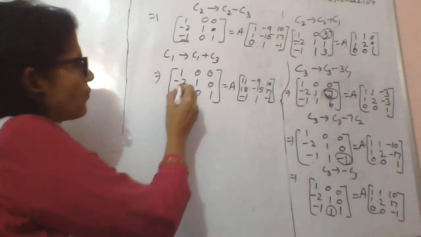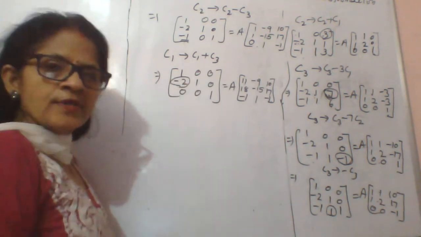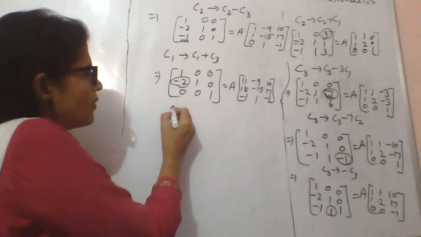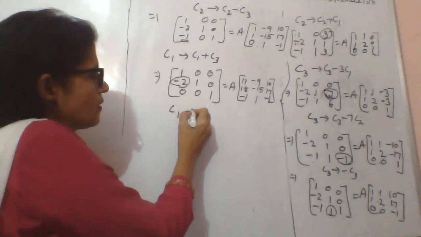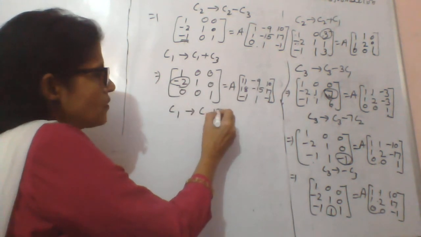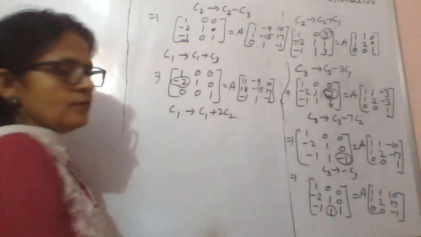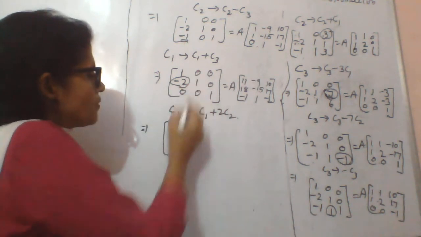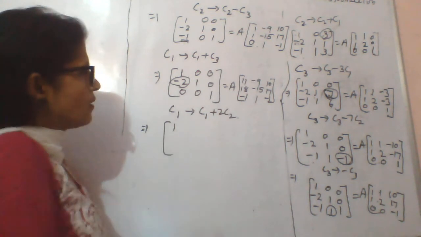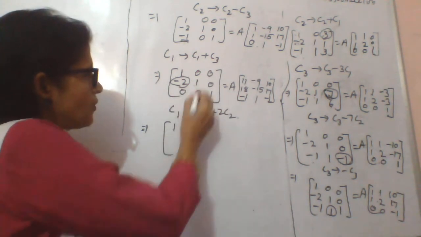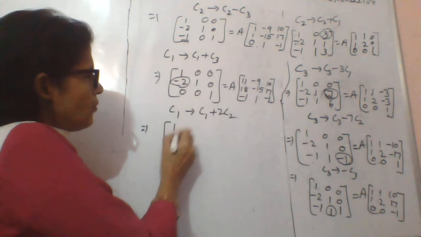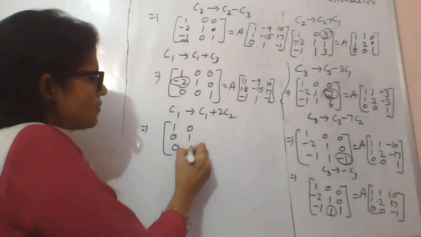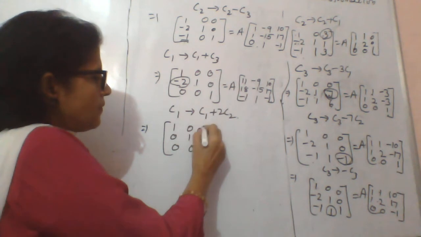Okay, now we are left with only one element which has to be converted to 0. To make it 0, we have to take C1 replaced by C1 plus 2C2. Okay, so this implies what? 1 plus 2 into 0, 1, minus 2 plus 2 into this, it is 0, 0, 0, 1, 0, 0, 0, 1.